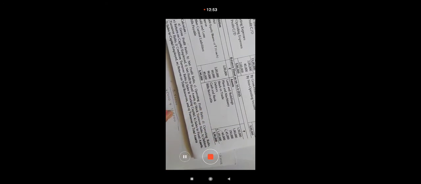Credit sales 9,50,000, and average debtors amount is 45,000 plus bills receivable amount 1,05,000. Okay, so the next equation is 9,50,000 upon 1,30,000, and we get the answer 6.33 times. Okay, this is the debtors turnover ratio.